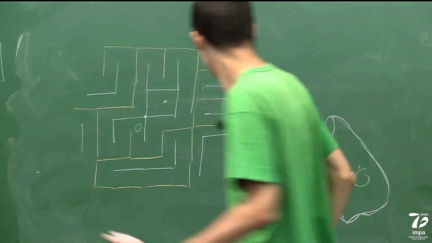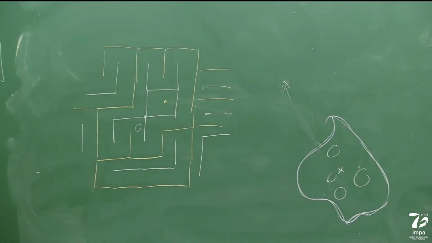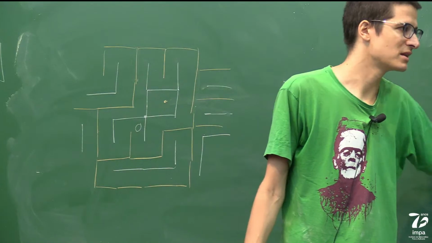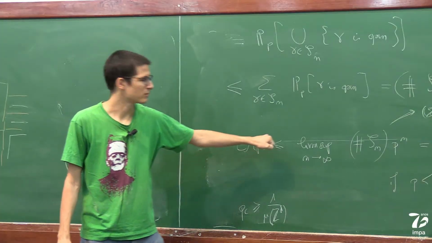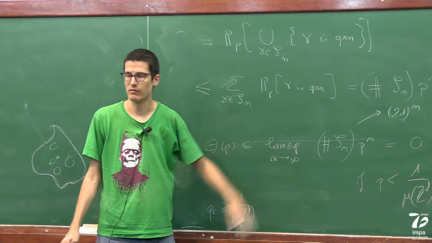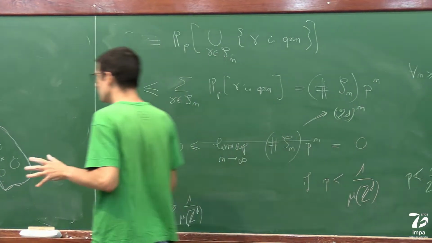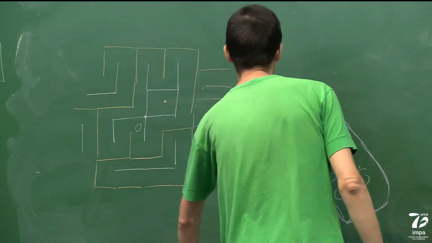So now the idea is that this circuit is a self-avoiding path, and we have obtained before an upper bound by using a union bound on the probability of having a self-avoiding path. So we should be fine. Let's try to use this fact.